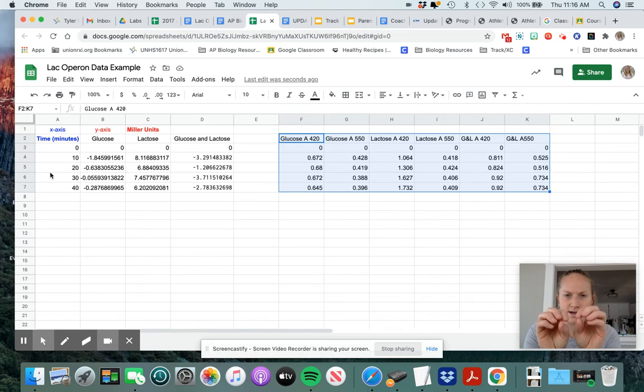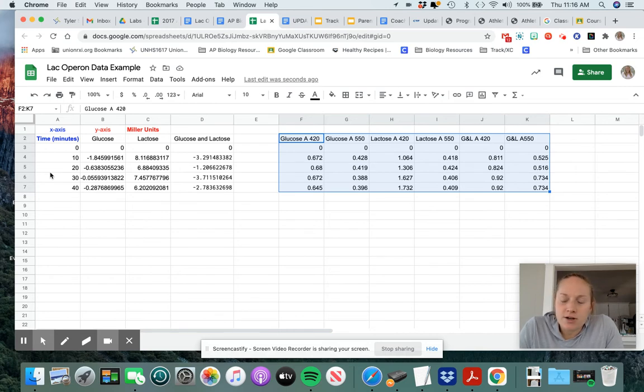Remember, lactose is that disaccharide made up of 2 units. The beta-galactosidase, also called lactase sometimes, breaks apart that disaccharide into 2 monosaccharides. So we're measuring the activity of that enzyme breaking up the lactose into 2 monosaccharides.